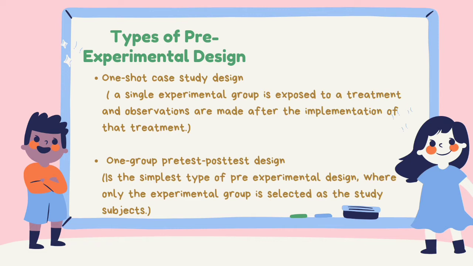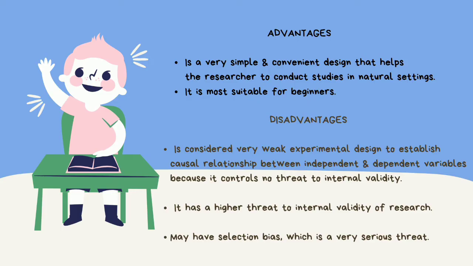The one group pretest post-test design is the simplest type of pre-experimental design, where only the experimental group is selected as the study subjects.